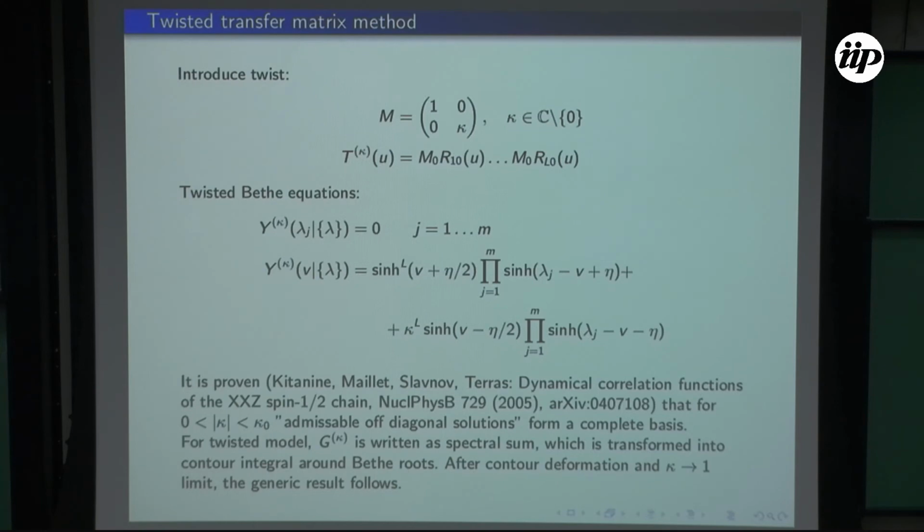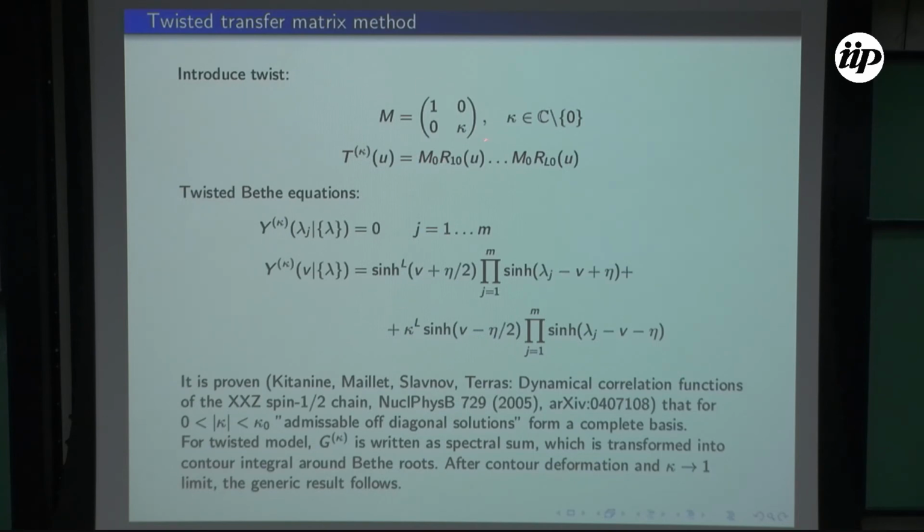But we have to know that this is a full system, and this is where this paper of Kitanine, Maillet, Slavnov, and Terras is very useful, because in this paper they talk about a so-called twisted T matrix.